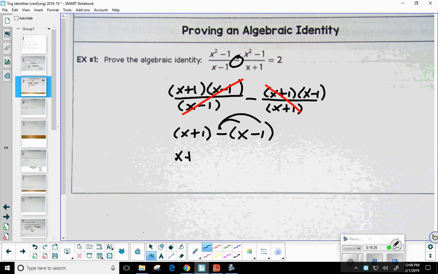So this would be x plus 1 because there's nothing out here in front to distribute. So minus x plus 1. Well, what do you notice? Yeah. And there's 2. And that's exactly what we wanted. That's our goal. But we're just going to be doing this with those expressions we've been looking at for a couple of weeks now. And now we put QED. Quite enough done.